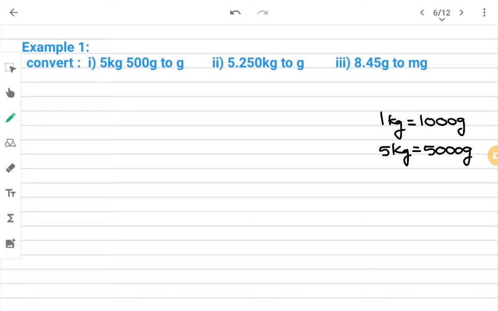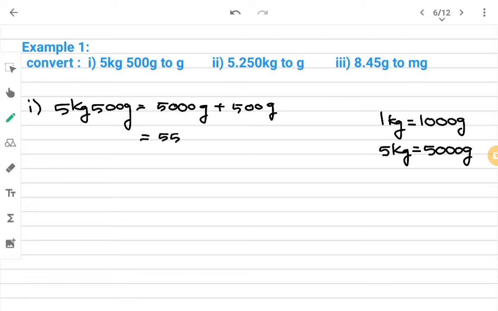In the first substitution, they gave 5 kilogram 500 gram. So I am going to write 5 kilogram as 5000 gram plus this 500 gram. You will get 5500 gram.